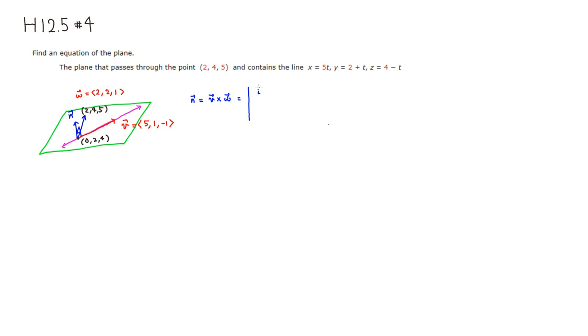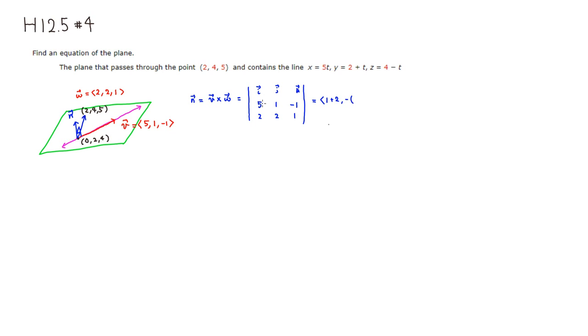So here's i, j, k. The v has components 5, 1, -1, and w has components 2, 2, 1. The first component is 1 minus -2, so it's plus 2.